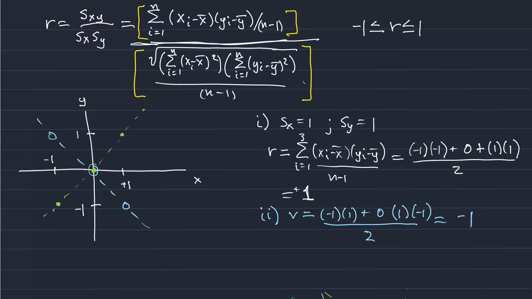And then for the last example, let's consider if x and y are coupled to each other, but they're coupled along a circle. So let's add 4 more points to our data set. We'll keep the blue and the green data points, but we're just going to add some more data points.